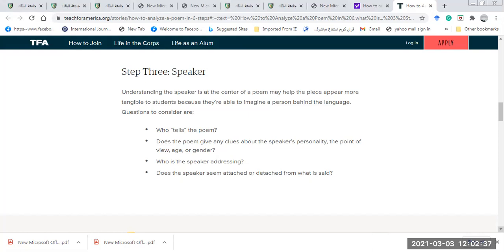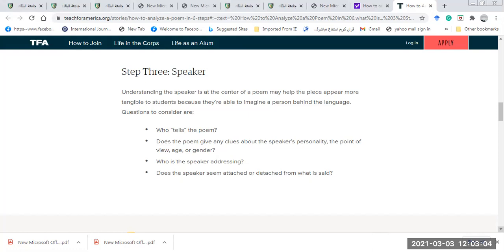But if he is speaking in an impersonal style, and in a detached way, this tells us that the topic he is speaking about is not something he is concerned with, so he is detached. And here we have to dig deep down to know why this poet is detached.